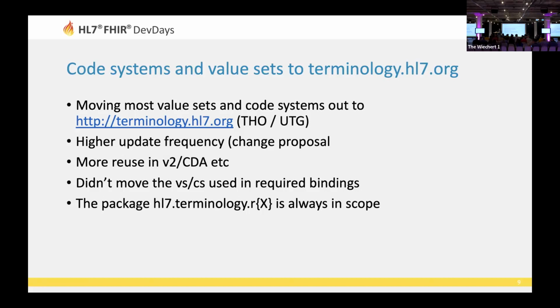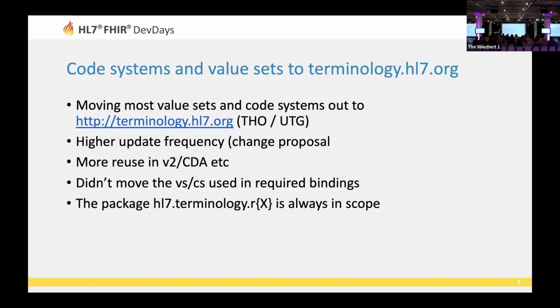And so we moved them into terminology.hl7.org. We did not move value sets and code systems bound to code elements with required bindings, because they're really part of the design of the resource. You can't just change them without balloting a new resource.